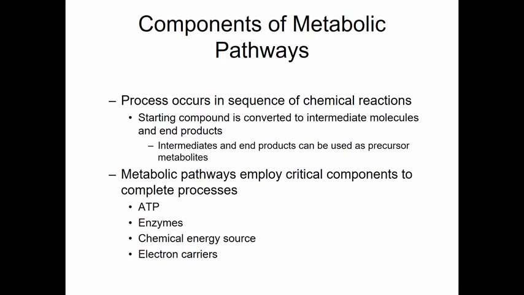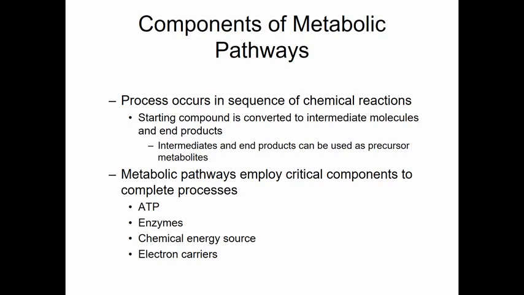What are all the components we need to make these chemical reactions occur? Everything that happens inside a cell is in a sequence of chemical reactions. A goes to B, B goes to C, C goes to D. It's never just individual things happening. It's always going to be a string of reactions all happening at the same time, okay?